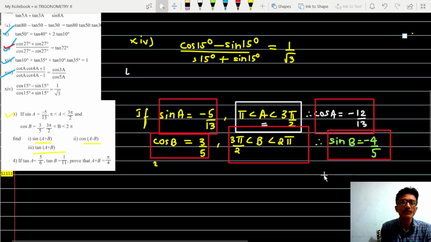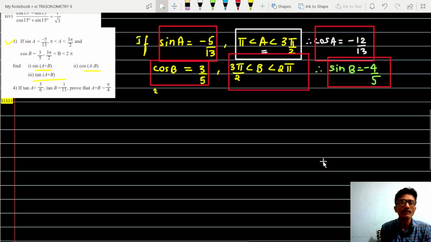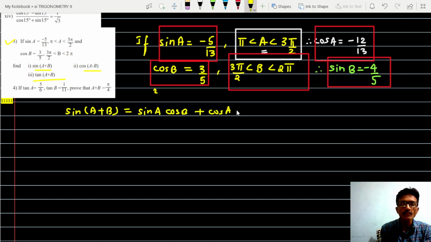Now, the formula is sin of A plus B is equal to sin A cos B plus cos A sin B. Here make the substitution.